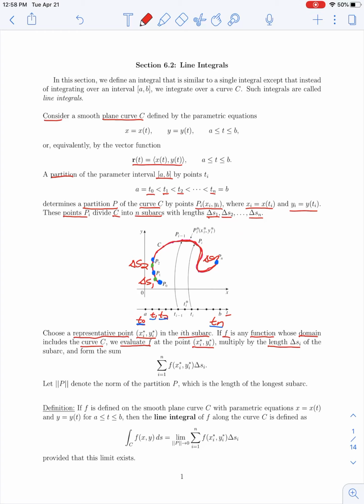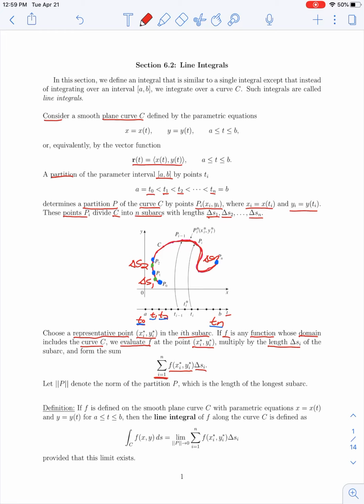And we're going to form a sort of Riemann sum where we will take the product of the value of our function at our ith representative point times the arc length of the ith subarc, and then add up that product over all such subarcs. That is from 1 to n.